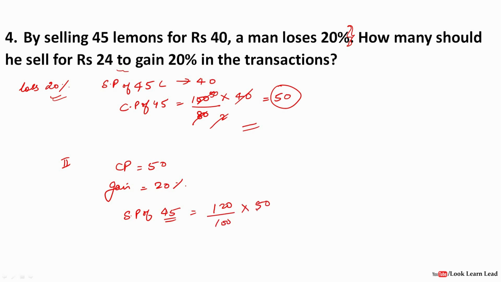After solving it, 5 1s are 5, 5 2s are 10, it is 60. So by using 60 rupees, you can buy 45 lemons. Okay, so by using 24 rupees, how many lemons can he buy?